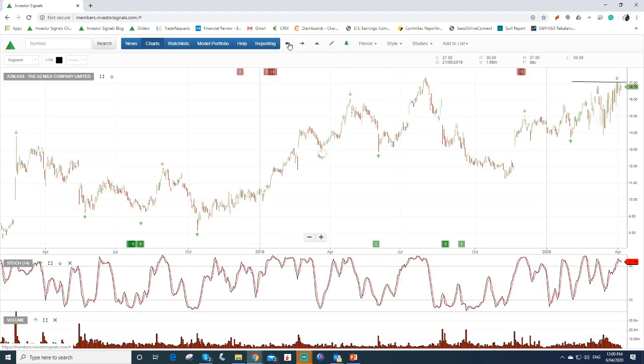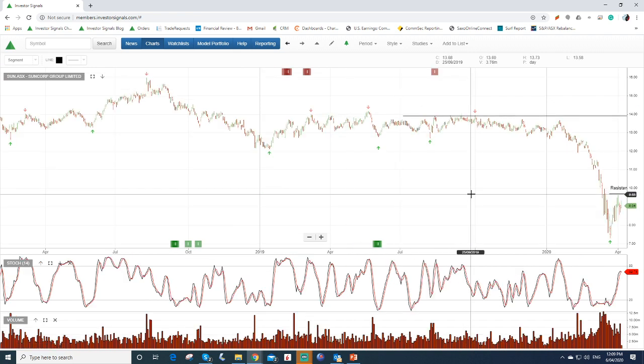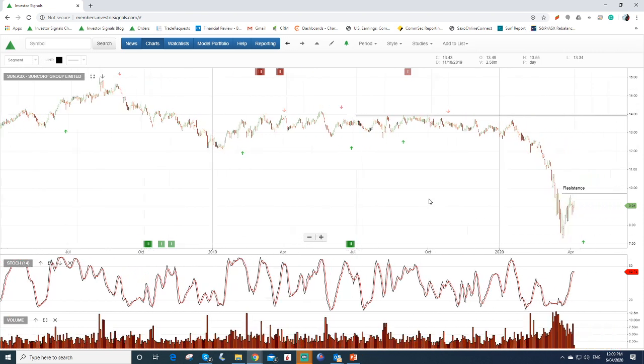So Suncorp, we'll just stop there and have a look at this as well. So like with ANZ, if that Nasdaq picture resolves to the downside, then I think both Suncorp and ANZ come under pressure.